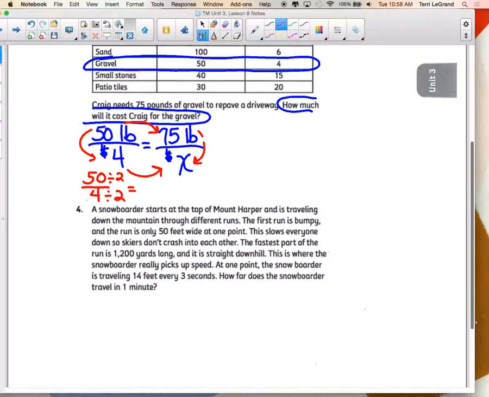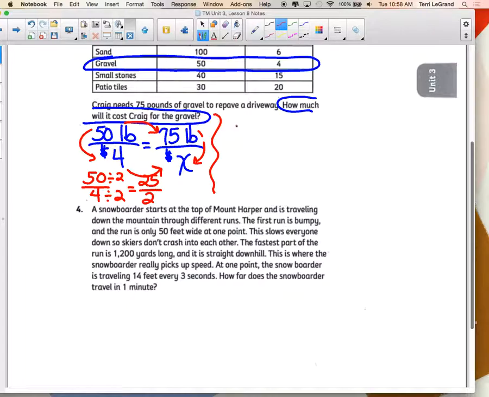So 50 over 4 can be renamed as, you don't know what half of 50 is? Okay, Ikea? 25 over 2. Oh, so now we're going to say, okay, let's start this problem over.